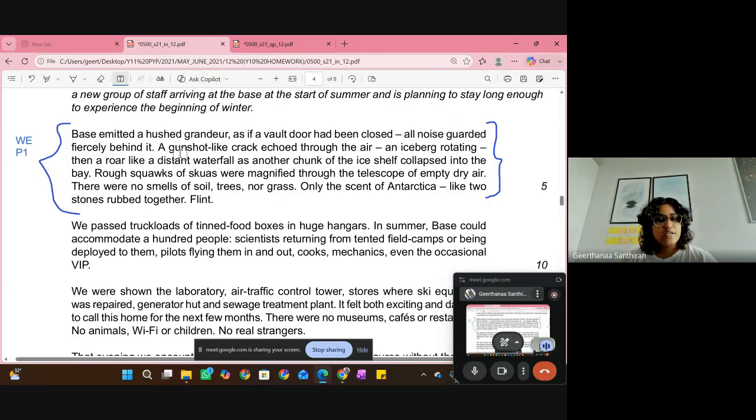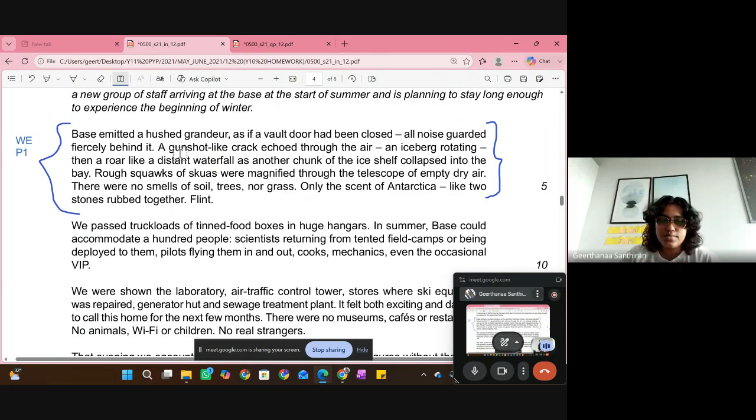This makes me think of the technique oxymoron. So it's when we put two things that are opposites together and they mean their own thing, like deafening silence. Silence is no sound, but deafening means loud. But then deafening silence means that the silence is so profound, like so obvious, right? So hushed grandeur has that quality as well, right?